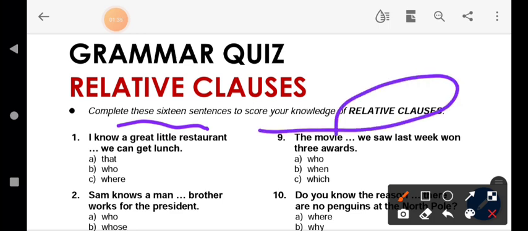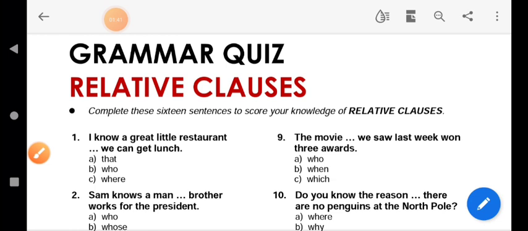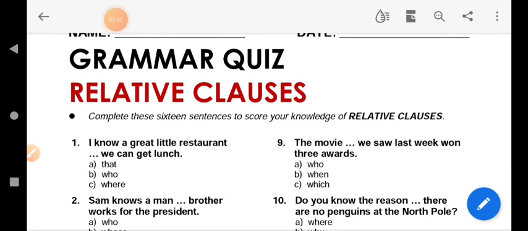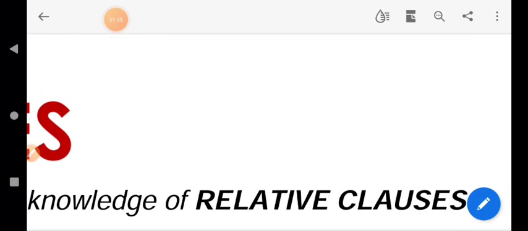Regarding relative clauses, first of all, you should have watched the previous classes. Part 1 is the defining relative clause. Part 2 is the non-defining relative clause. When you have watched those classes and understood them, only then can you select the right answer and write the relative pronoun.